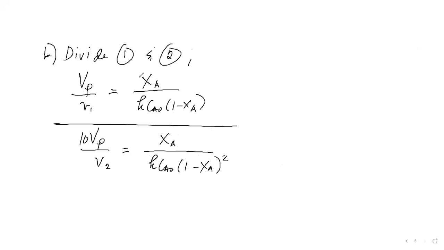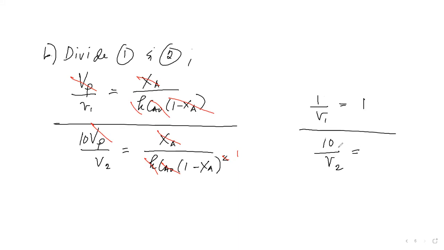If we cancel the common terms that appear here, what will remain would be 1 over V1 is equal to 1, all over 10 over V2 is equal to 1 over 1 minus XA.